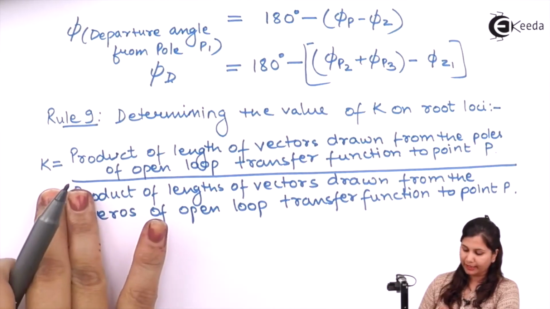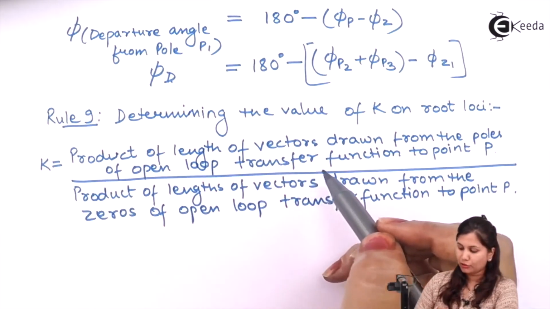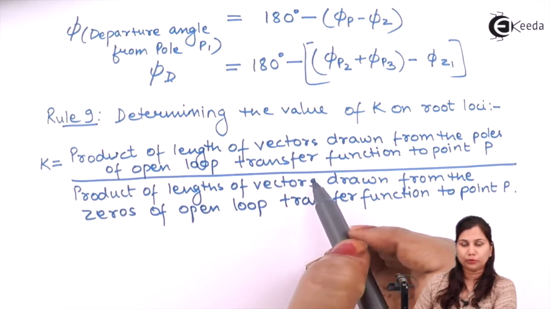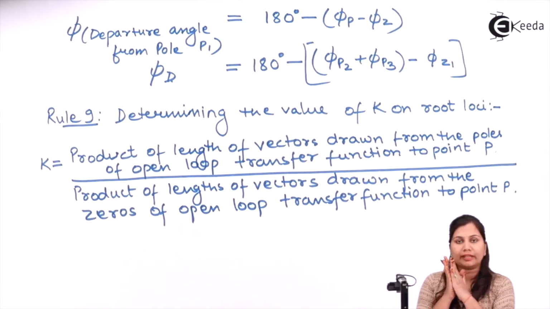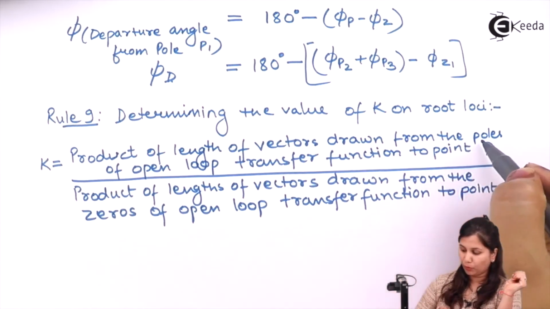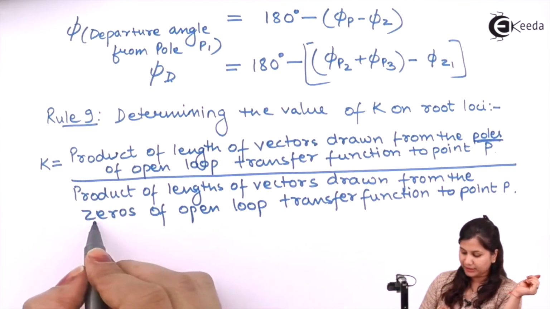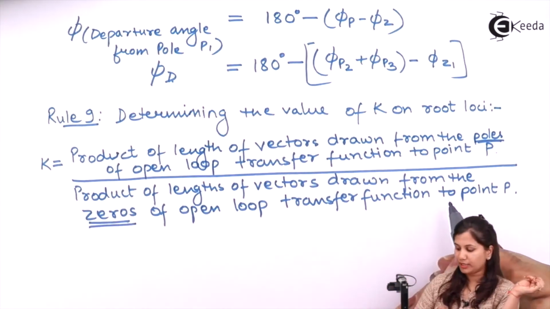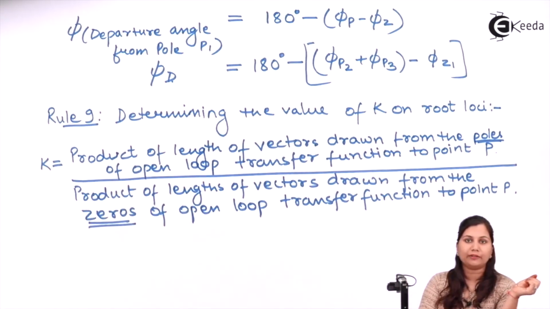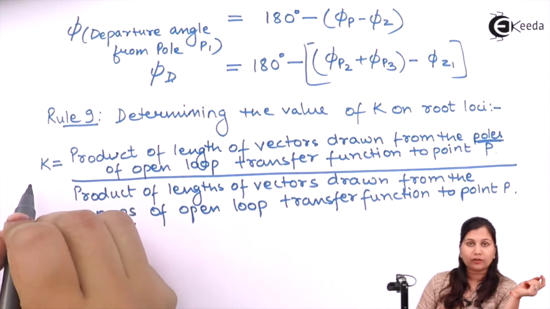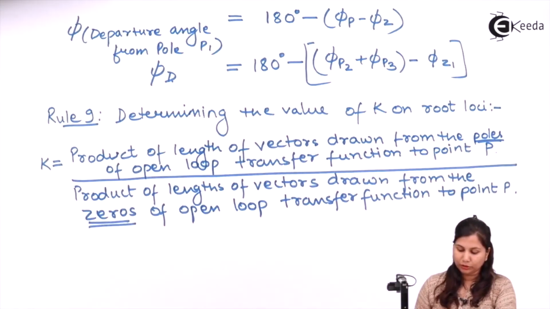So k is given by the ratio, or we can say the product, of the lengths of the vectors drawn from the poles of the open loop transfer function to point P, divided by the product of the lengths of vectors drawn from the zeros of the open loop transfer function to the point P. When we take this ratio, we will be able to get the value of k, that is the gain of the system at this point P, which is lying on the root locus.